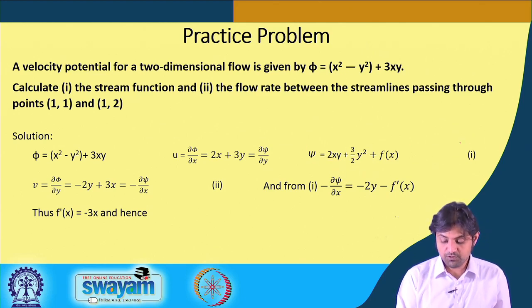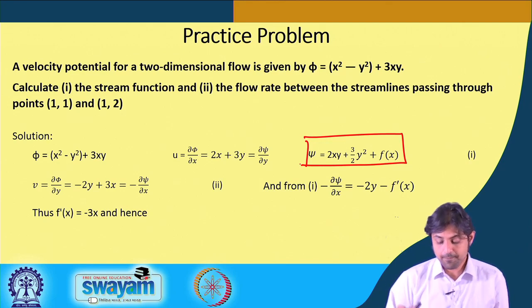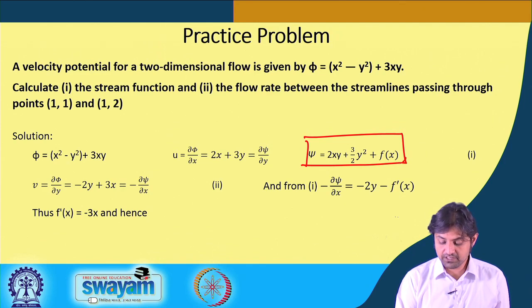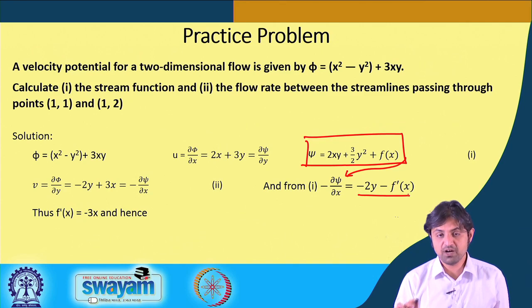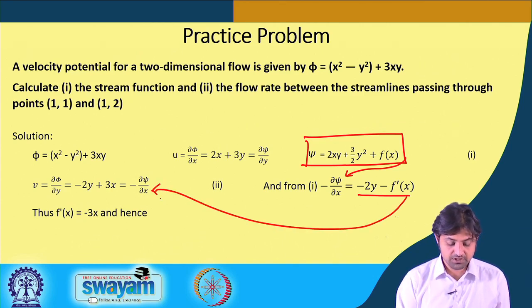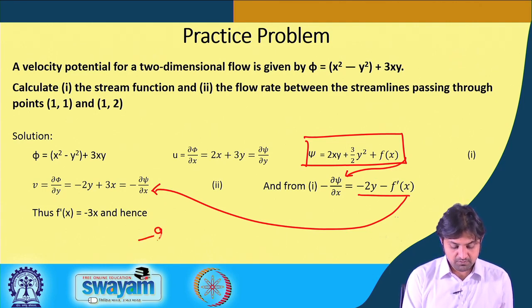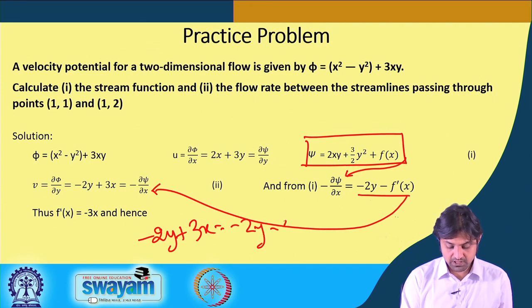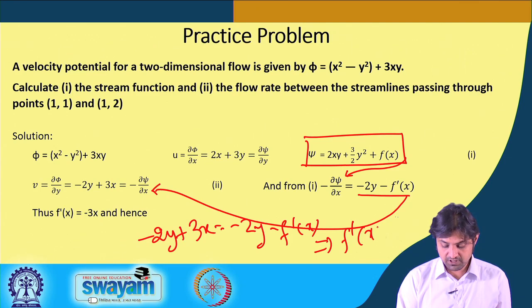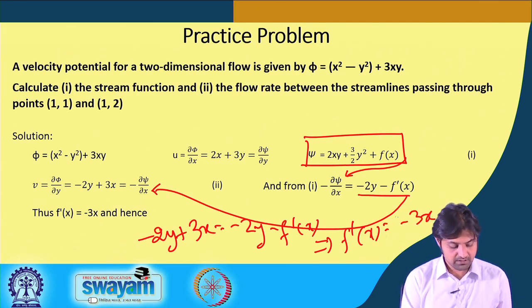From the first equation we have calculated psi, which was a function of x. Using this equation we have calculated del psi by del x. We got minus 2y minus f dash x, and we have substituted this into the equation. Here, minus 2y plus 3x was equal to minus 2y minus f dash x. Therefore, f dash x became minus 3x.